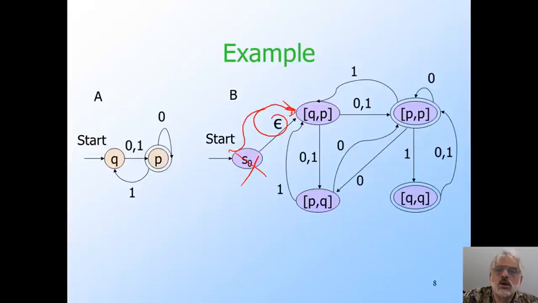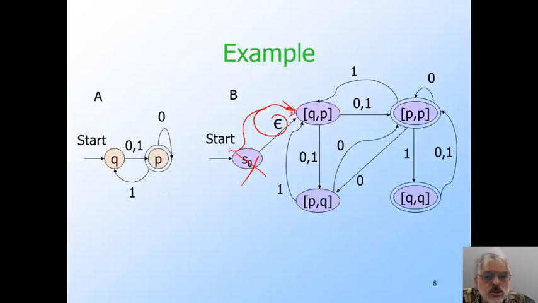Now let's consider where QP goes on input 0. Since A goes from Q to P on input 0, that says the first component of the new state must be P. But we also have to look at the second state of QP, namely P, and ask from what states of A there are transitions to P on any input symbol.